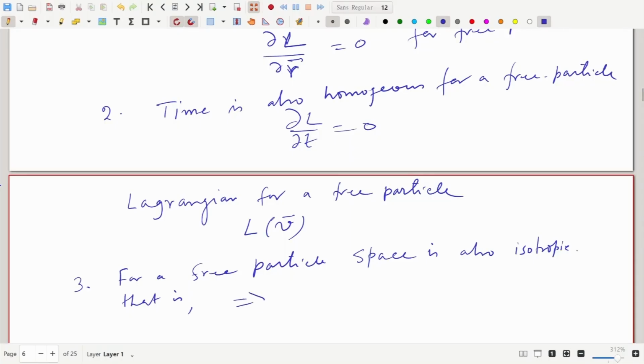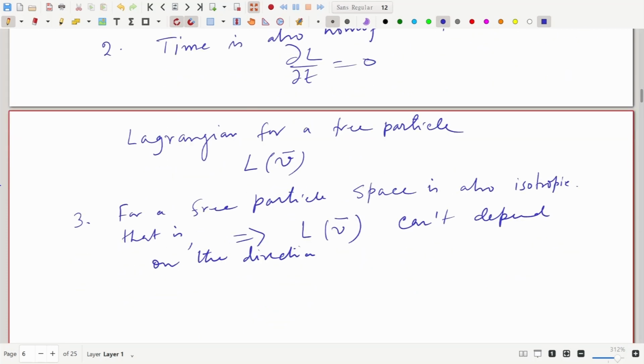If you rotate your coordinate system, the free particle will continue moving in the same direction as it was moving previously. So rotational invariance implies that the Lagrangian, which depends only on velocity, cannot depend on the direction.